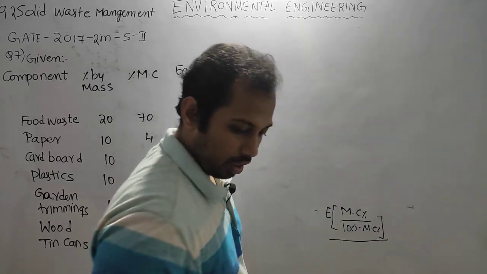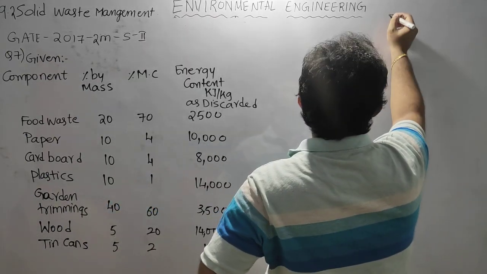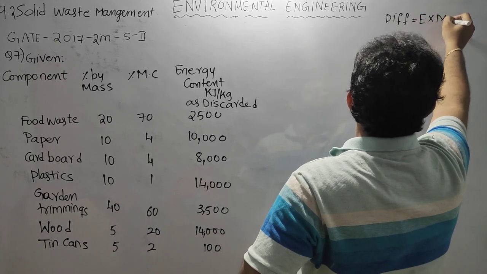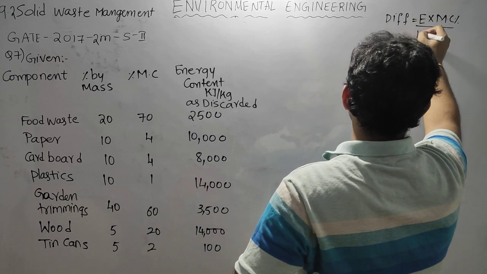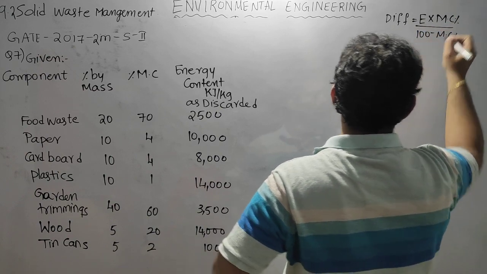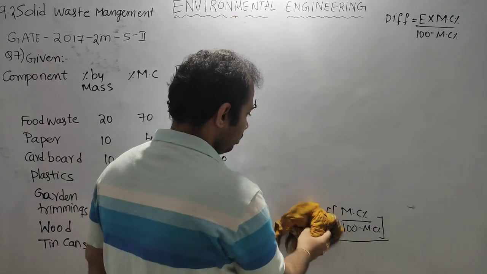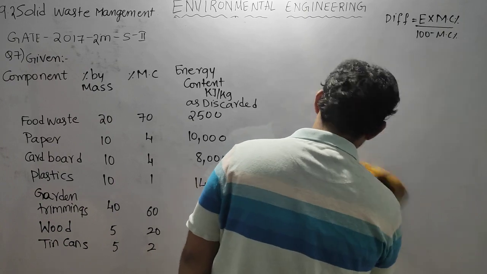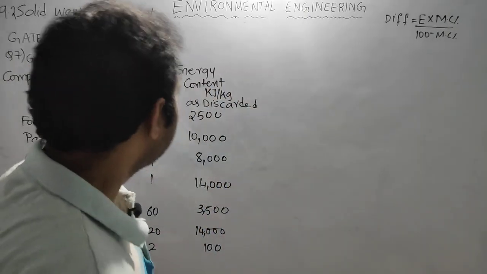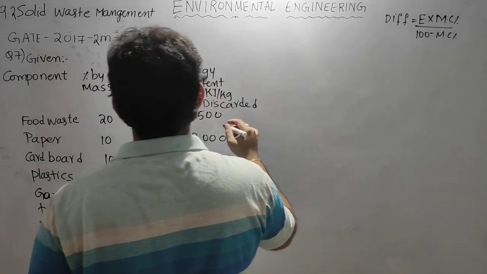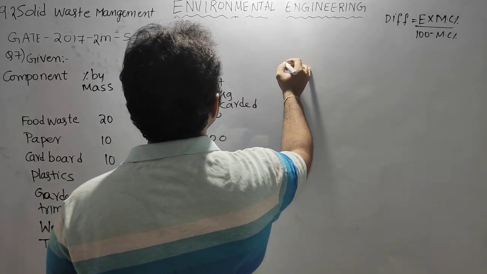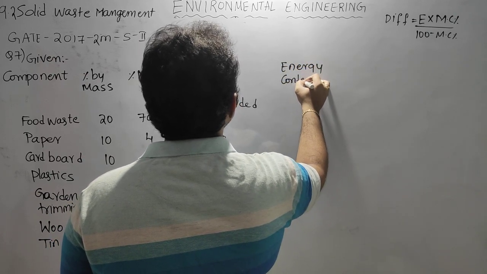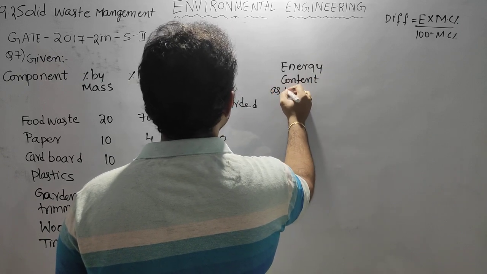So this formula I will write at the top. So the difference is E into moisture content by 100 minus moisture content, okay, this is the formula. Now, energy content as per proportions.